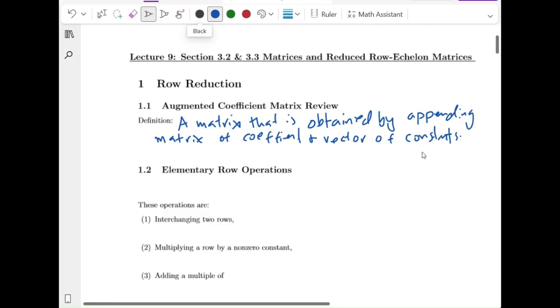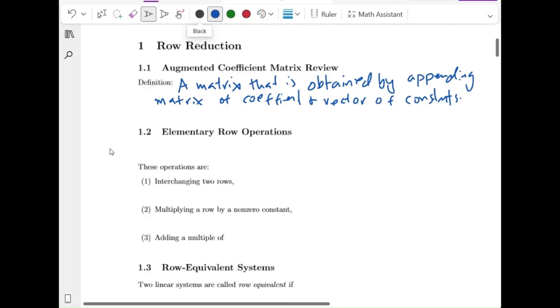So all the row reduction that we want to do is on this augmented matrix, basically.